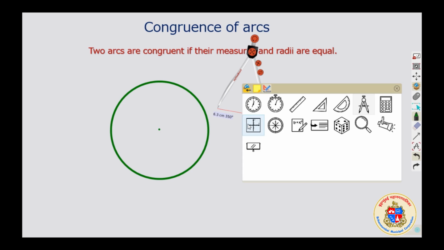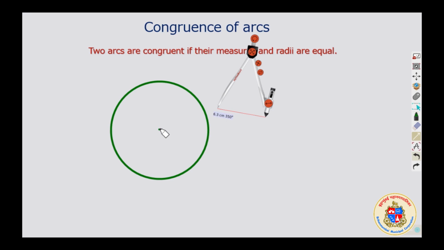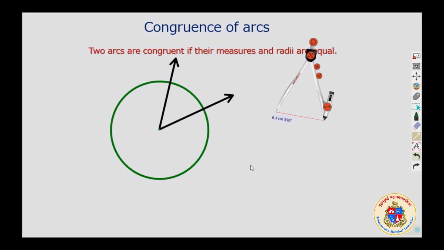Now we need arcs in that. In order to get measured arcs, we should draw arcs having particular angle measurement. We will measure the angle later, but we will be making an arc like this. We got an arc.